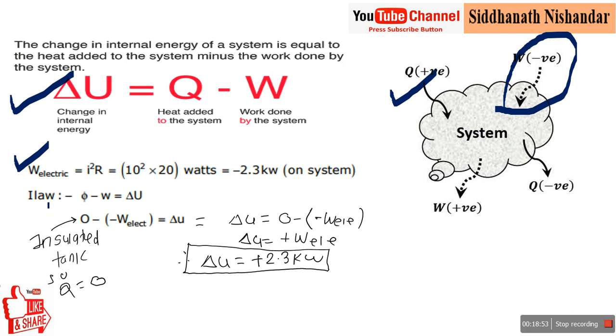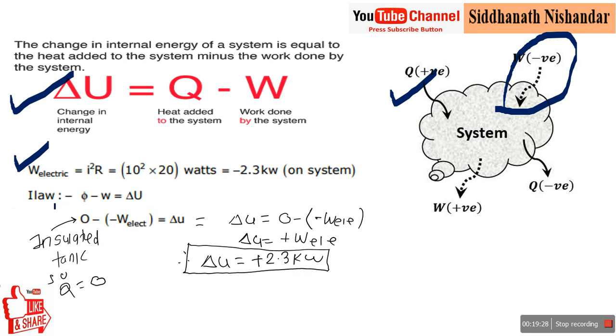According to the first law, Q minus W is equal to change in internal energy. Here Q is 0 because of the insulated tank, and W in this system is minus W electric, so W becomes positive. So change in internal energy is equal to plus 2.3 kilowatt.